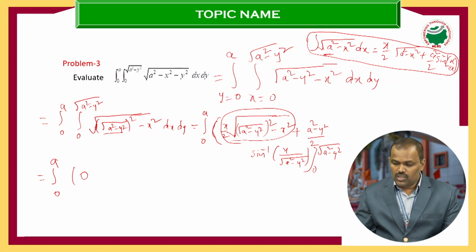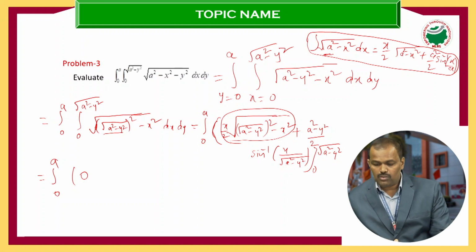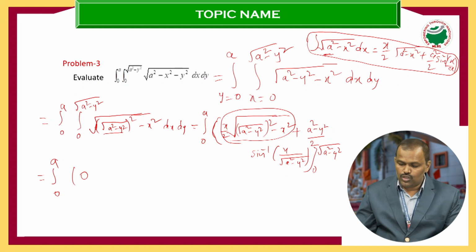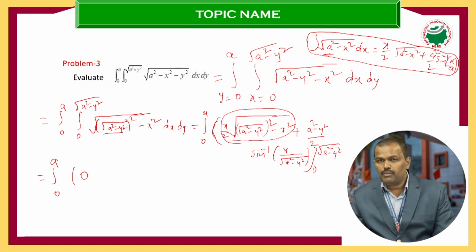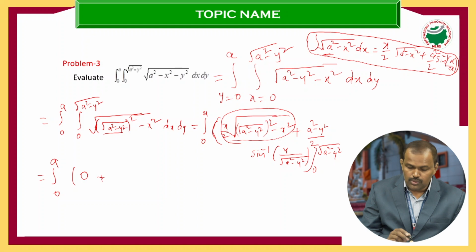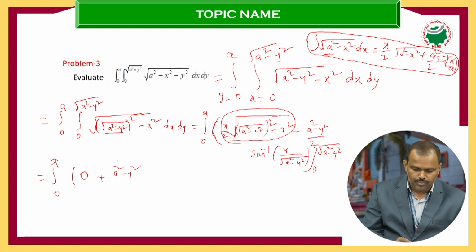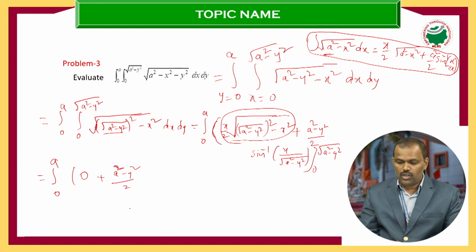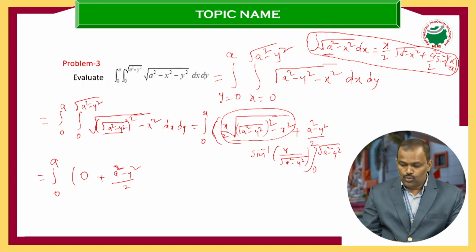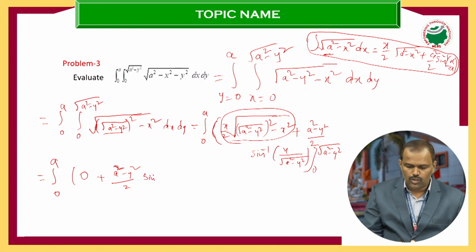Coming to the second term, I am substituting upper limit: a square minus y square by 2 into, in place of x, square root of a square minus y square, and square root of a square minus y square cancel. That is 1. Sine inverse of 1.